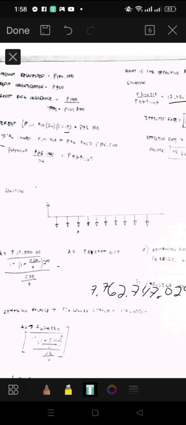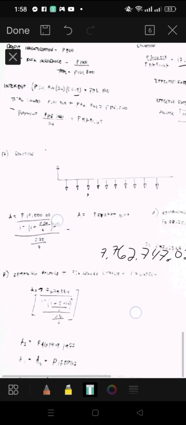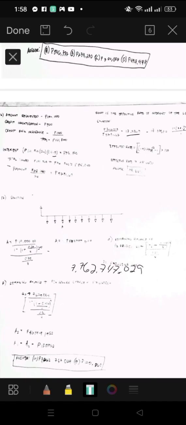So next, what will be the difference between the equal quarterly payment in the extending arrangement and the revised principal? The remaining balance plus the 15% service charge is equal to 7,762,747.029.